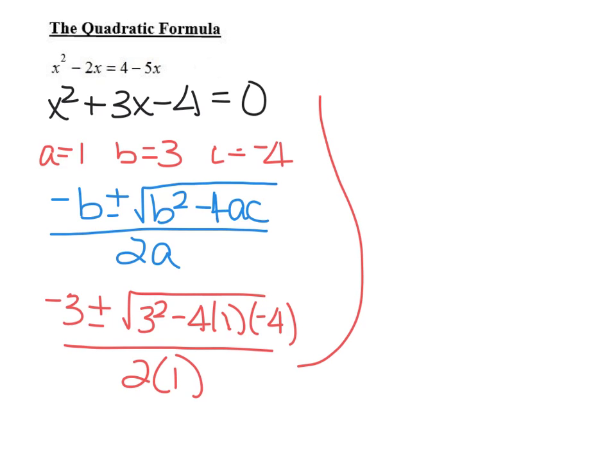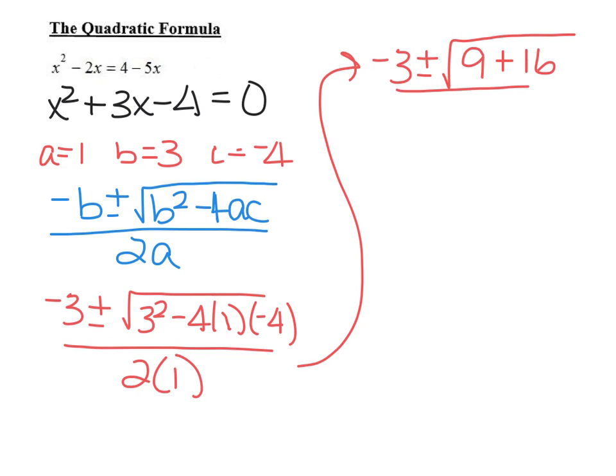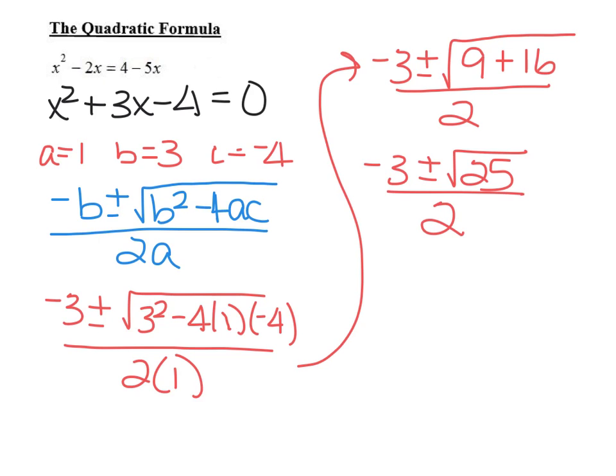And then continuing to simplify, we'll have negative 3 plus or minus the square root of 9 plus 16 all over 2, which is negative 3, plus or minus the square root of 25 all over 2. And 25 happens to be a perfect square, so the square root of 25 is 5.